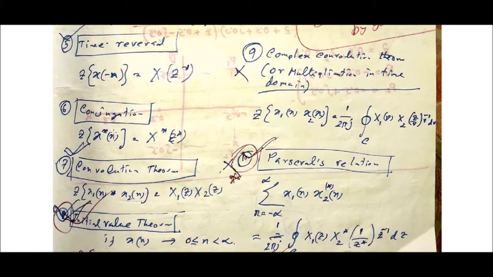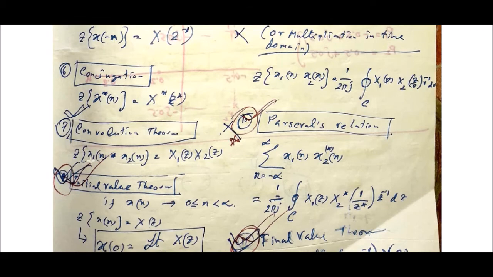Conjugation: if the signal is conjugated in the time domain, in the Z domain it will also be conjugated, and the z will also be conjugated. Remember the convolution theorem: convolution in the time domain becomes multiplication in the Z domain. It is the same as for the Laplace transformation as well as for the Fourier transformation.